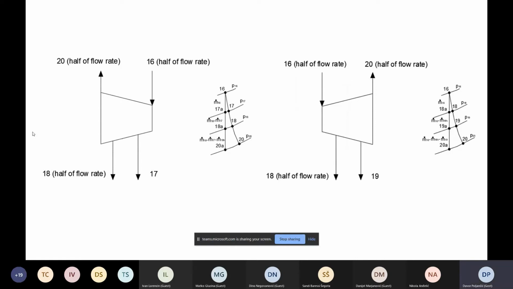Both turbines have two cylinders, one a dual flow cylinder, so the steam that enters the turbine is separated into two equal flows. Exergy analysis requires only the real or polytropic expansion process.